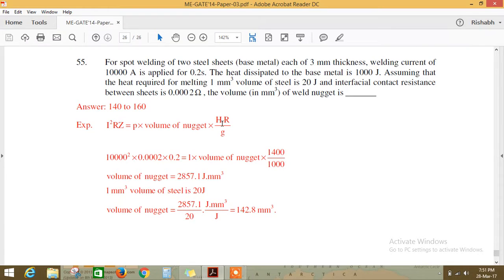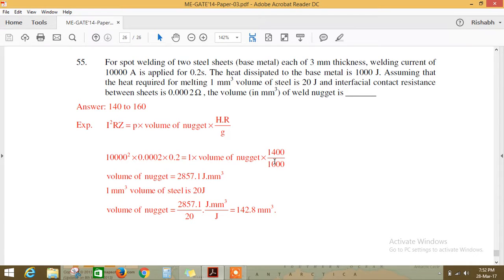I we know is 10,000 square, resistance we know, time we know, density we know, volume of nugget we have to find out, and the heat dissipated to the base metal is 1000.